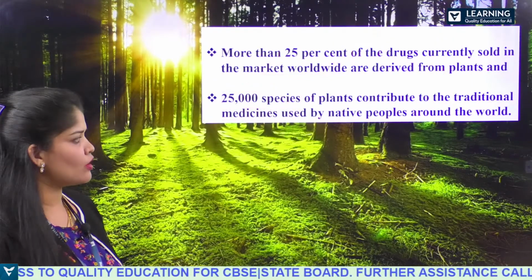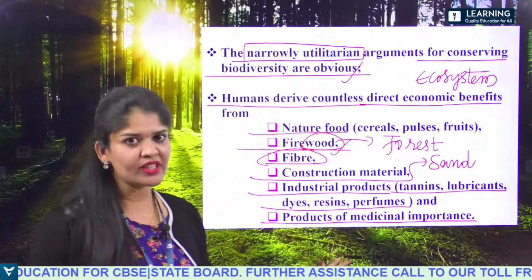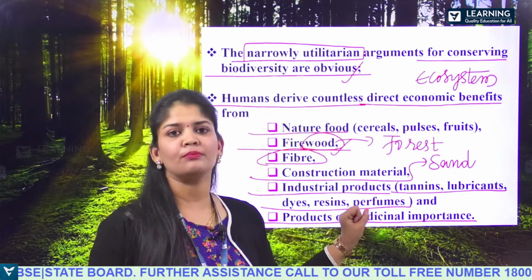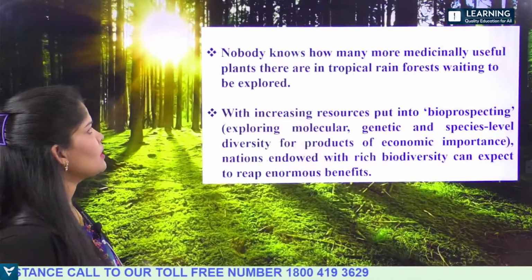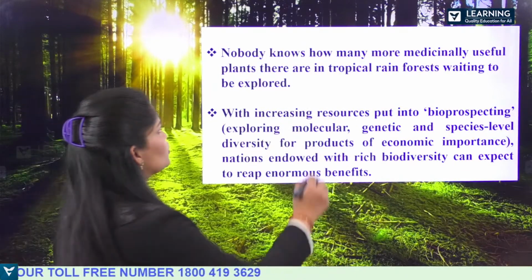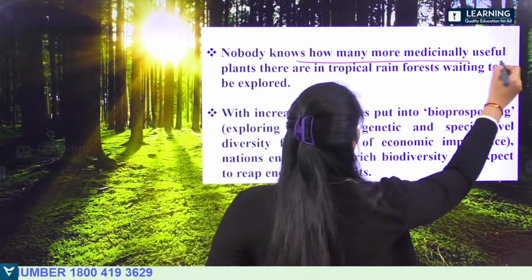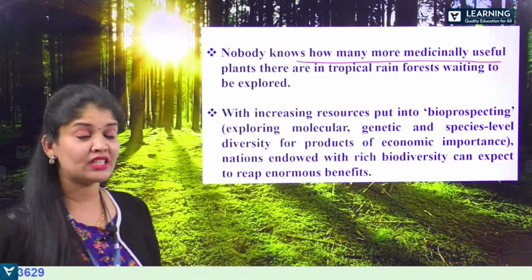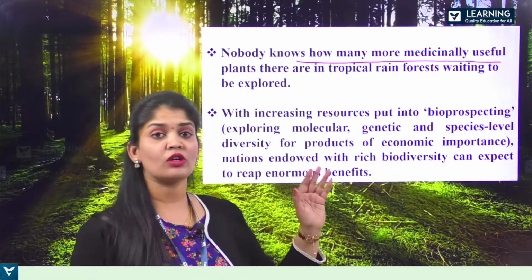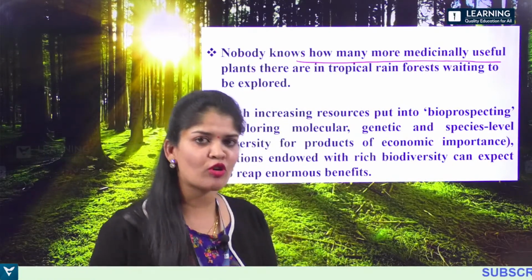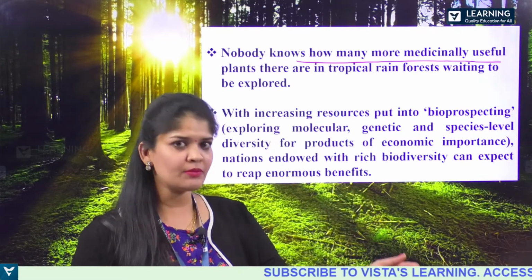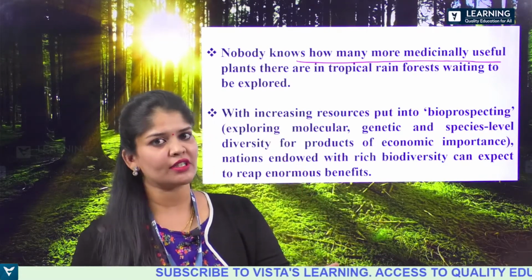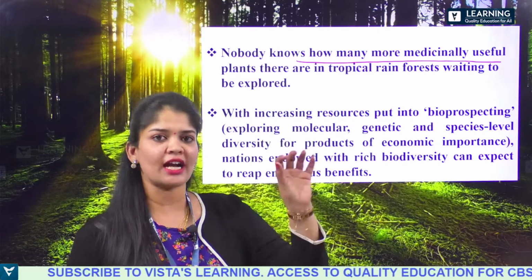This is the list of all the services that we are getting from nature, completely free of cost. And even nobody knows how many more medically useful plants there are. These are all the plants that we have already described, that we have already come across. We have identified them, named them, described them, and we know which part of that particular plant is useful.